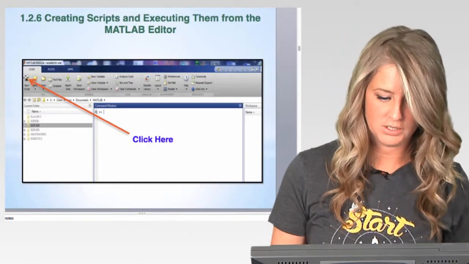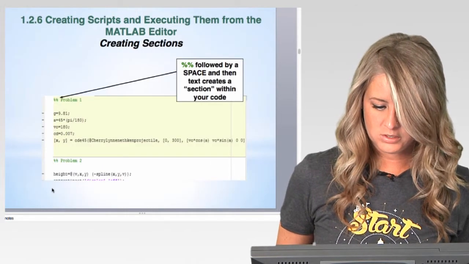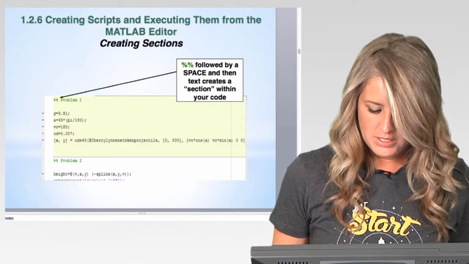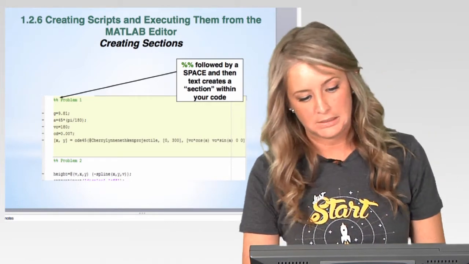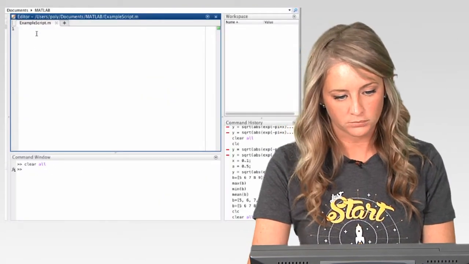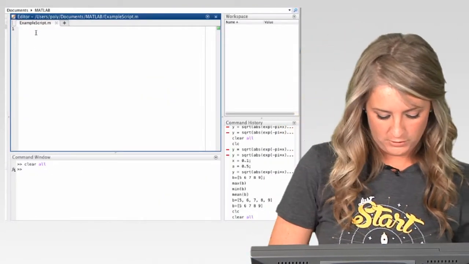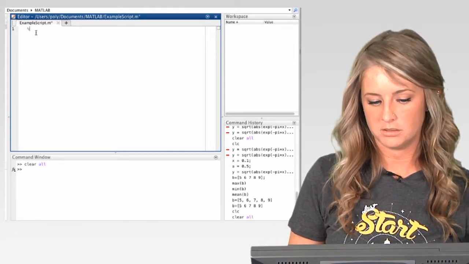So we showed you, click on this little button here. That will open a new script for you. There's the script window. So now we're going to show you some syntax and some proper techniques for when you are using the script window. First things first, you have the ability in MATLAB to create comments.